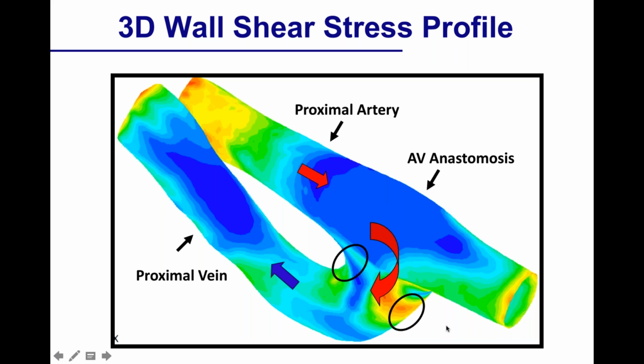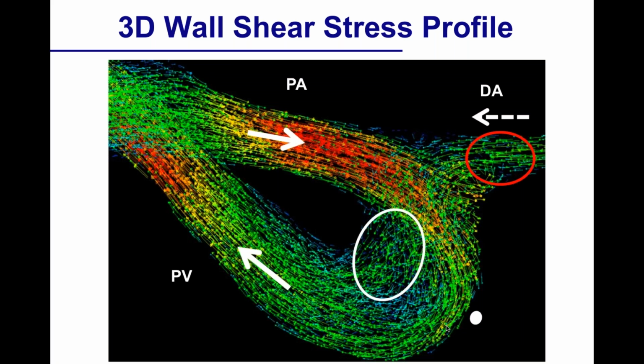When we looked at the actual flow profiles, and you can do this using computational fluid dynamics, we found that in general on the inner wall, you had the flow vectors going round and round as in my earlier example, but you had the flow vectors nicely laid upon each other on the outer wall of the AV fistula.